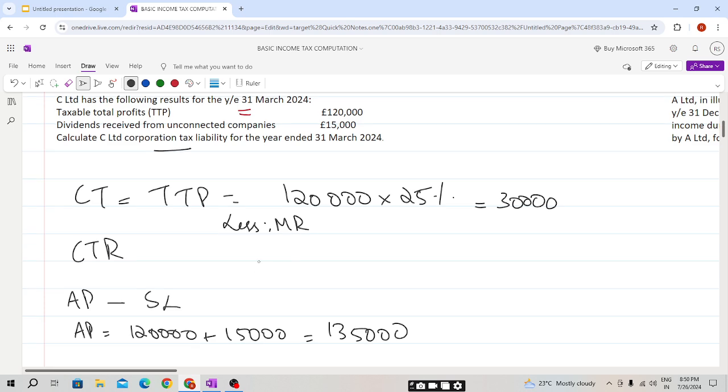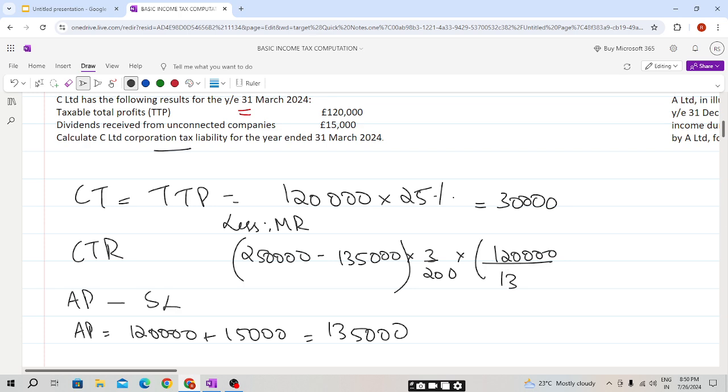So now coming to marginal relief. Marginal relief is upper limit 250,000 less augmented profit 135,000 pounds, into 3 divided by 200, into TTP 120,000 pounds divided by augmented profit 135,000. So our marginal relief will be 250 minus 135, into 3 divided by 200, into 120 divided by 135.